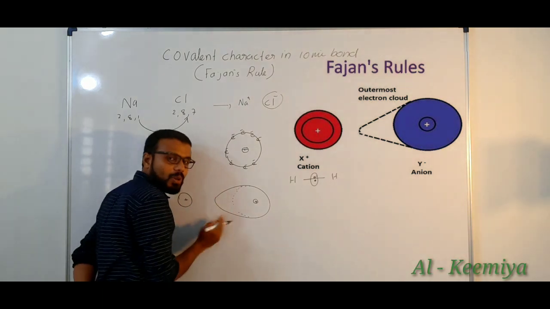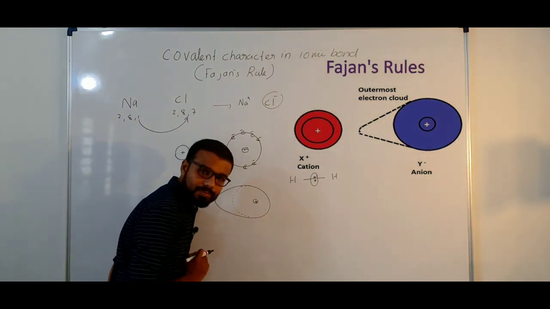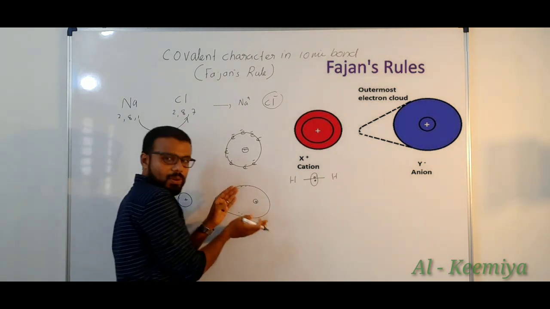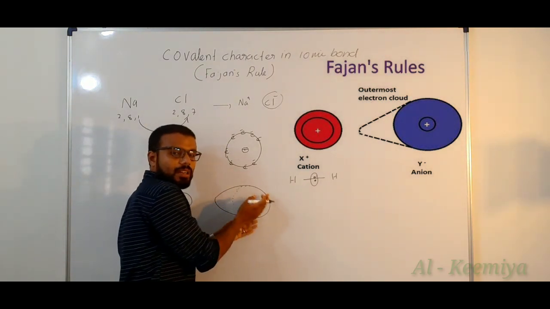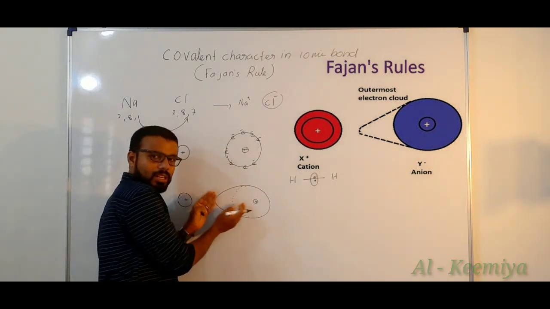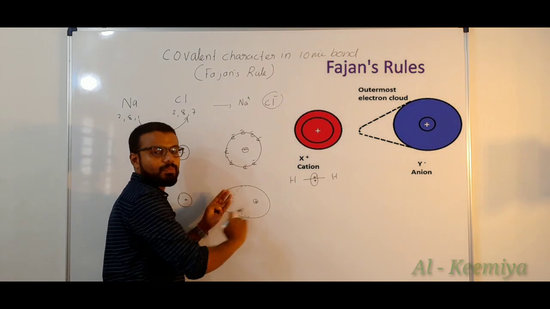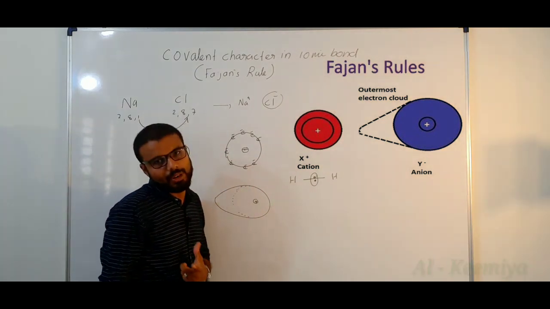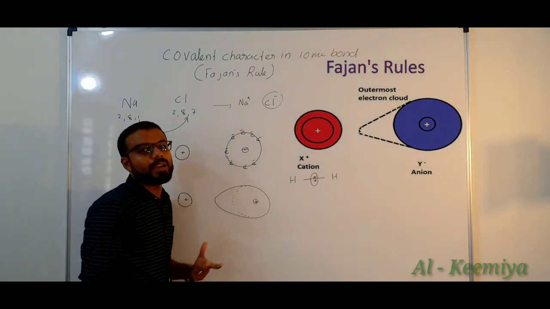So it gets some sort of covalent character. Due to the distortion of this electronic cloud, the electrons shift to the center. Therefore, this bond gets some covalent character.